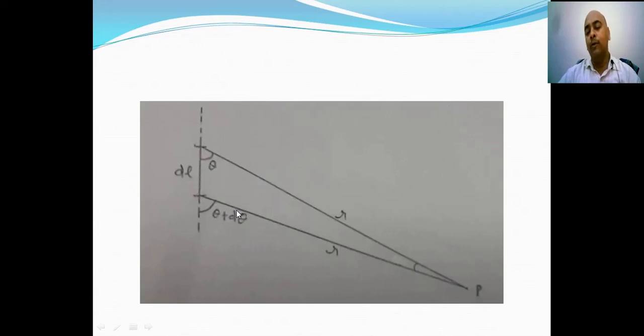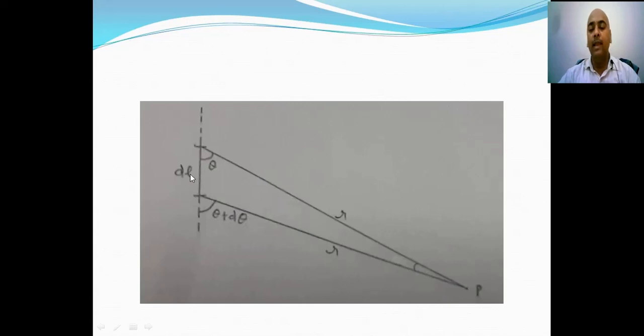Now this value of d theta, that is the change in angle with the axis of the conductor, is dependent upon the length of the line dl. If we make dl equal to 0, that is these two ends coincide, then definitely these two lines will also coincide, and in that case d theta will become equal to 0.